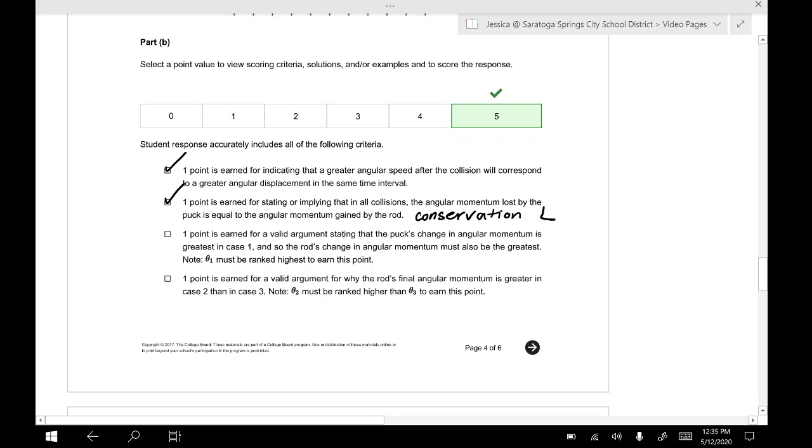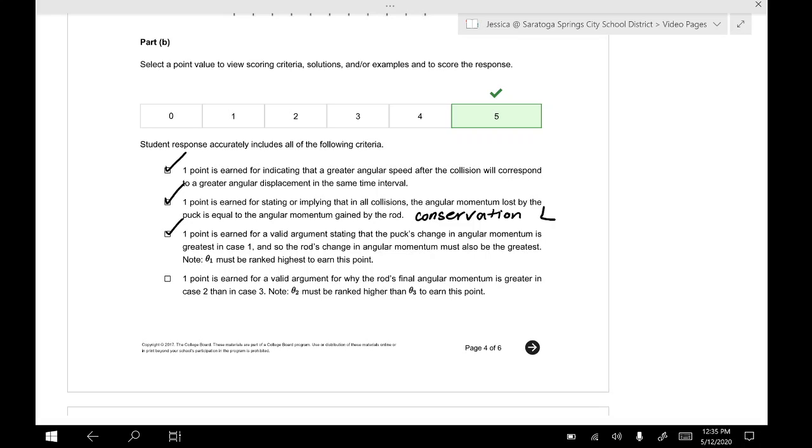We get 1 point for a valid argument stating that the puck's change in angular momentum is greatest in case 1, so the rod's change in angular momentum must also be greatest. Again, you can earn this point by talking about how when the puck bounces back, that leads to a larger negative momentum, so the rod has to have a greater positive momentum to keep the total angular momentum positive.